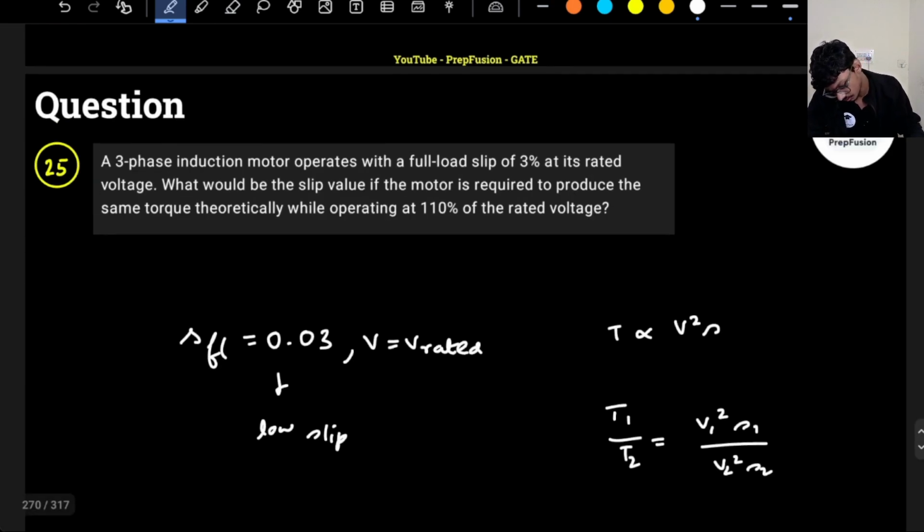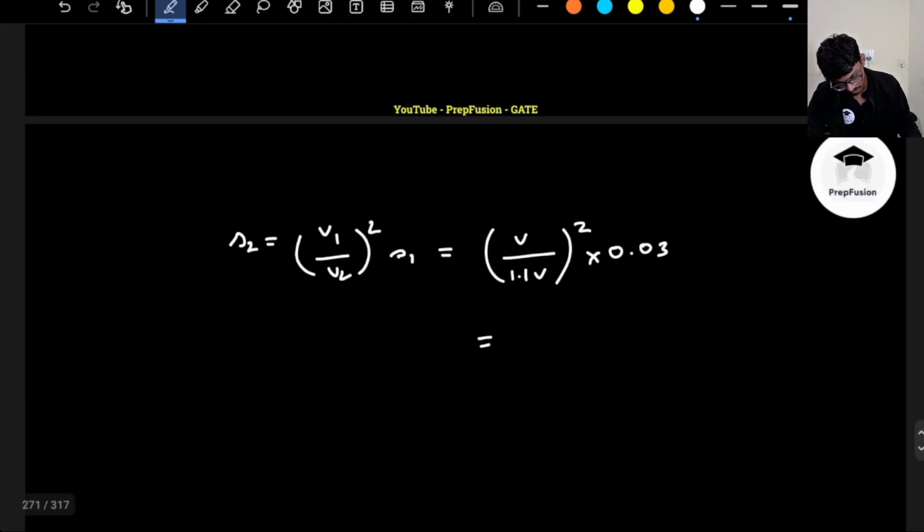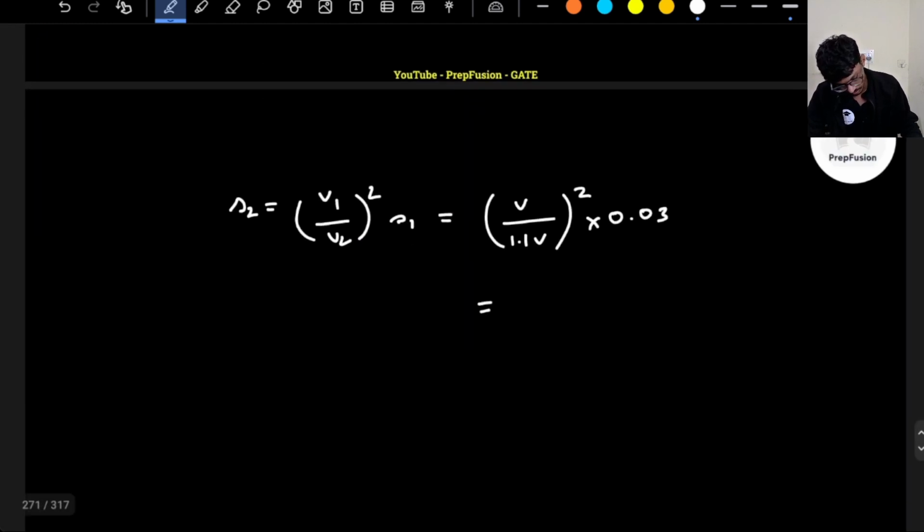What are they asking? What would be the slip value if the motor is required to produce the same torque? So the new slip will be 0.03 divided by 1.1 whole square, which is 0.0248.